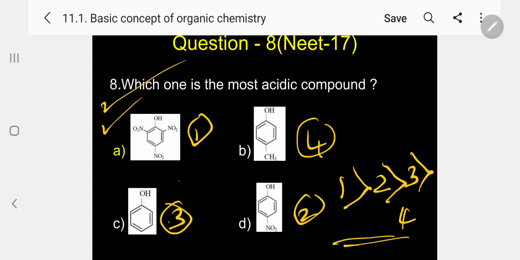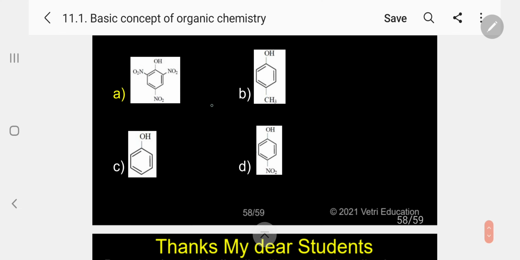Understand this: the common name is picric acid. The only acid in organic chemistry without a carboxylic group is picric acid, that is 2,4,6-trinitrophenol. So this is the correct answer.